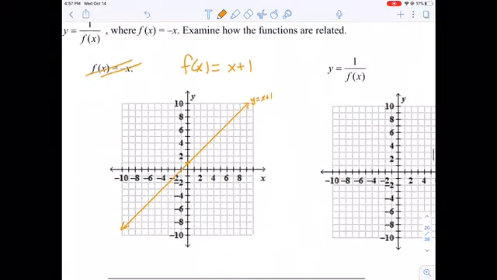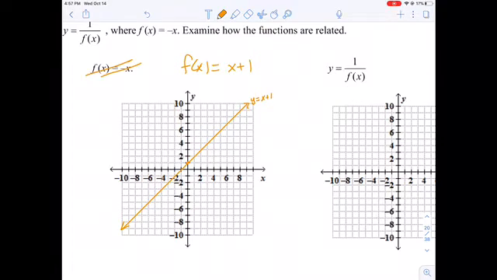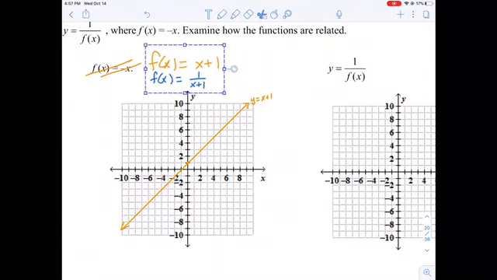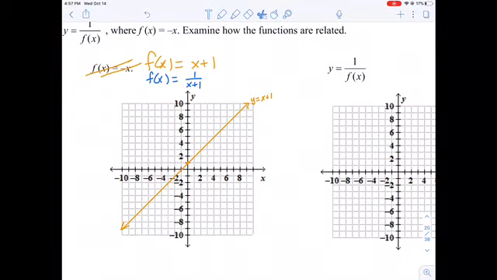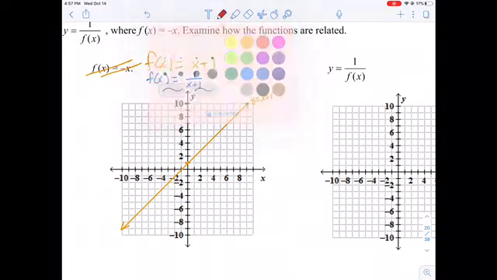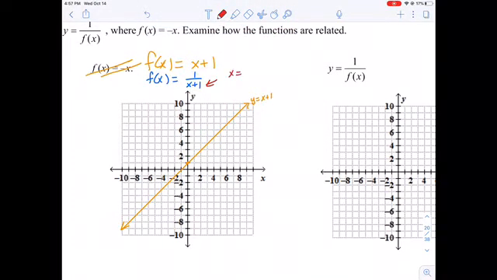Now, if I want to graph the corresponding reciprocal function, let's first write that. This would be f of x equals 1 over x plus 1. So let's right away look and see, okay, what values do we know from there? Right away, I know that if I look at my non-permissible values, looking at my denominator, x cannot equal negative 1.